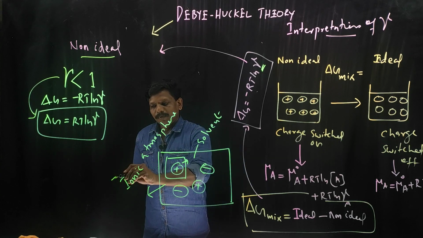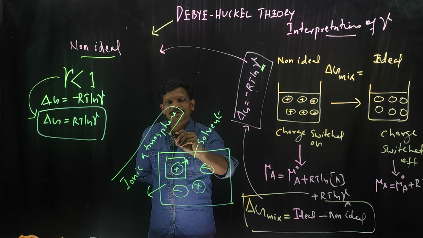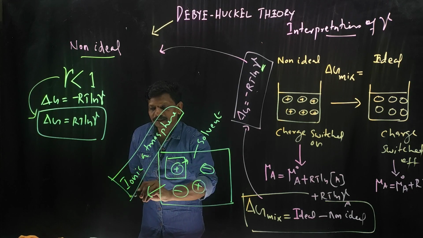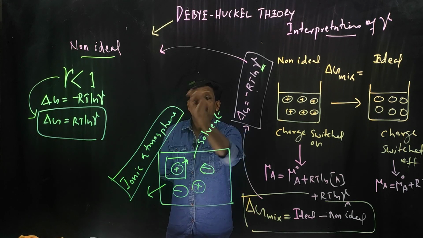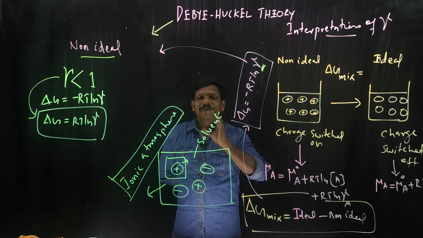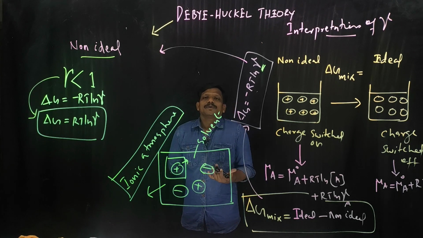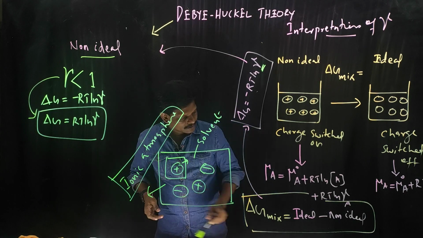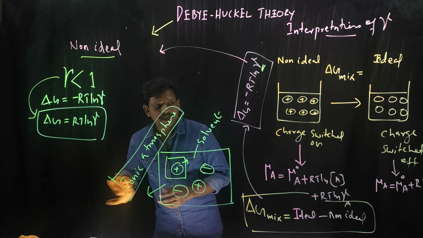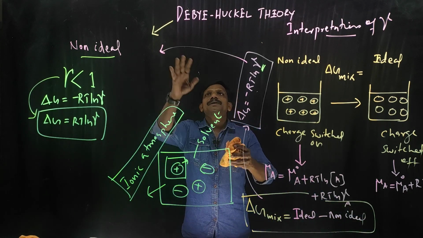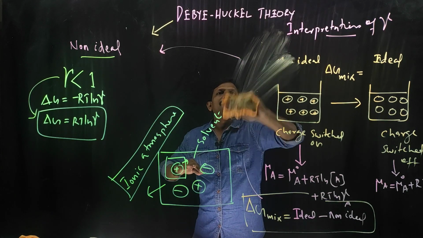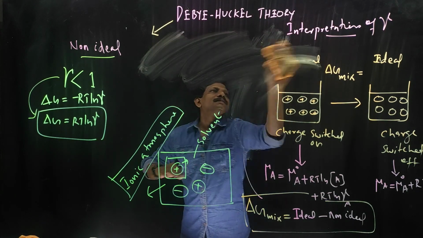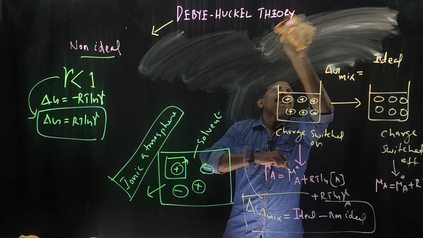Another important idea here is how the system stabilizes. The answer is the ionic atmosphere, the possibility of forming an ionic atmosphere. Let us see what we mean by ionic atmosphere. So now we have gradually reached the Debye Huckel theory.